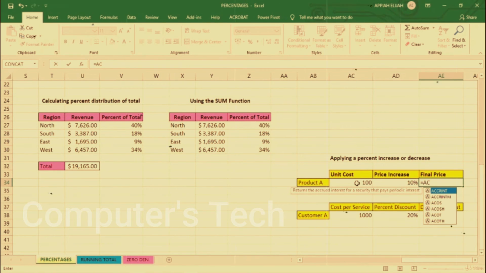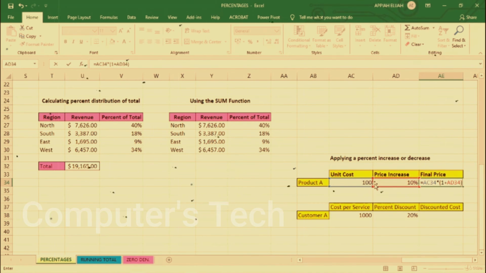I could have just clicked on it and it will enter automatically, but I want you to know the order of how we do this. We enter this particular formula. So we multiply this value by, then we open parentheses and say 1 plus this value, which is AD34. Okay, and then we close the parentheses.